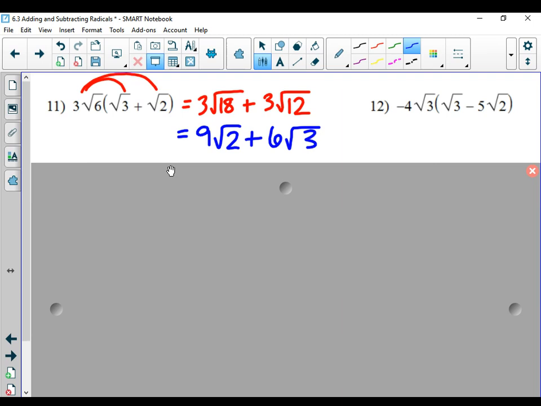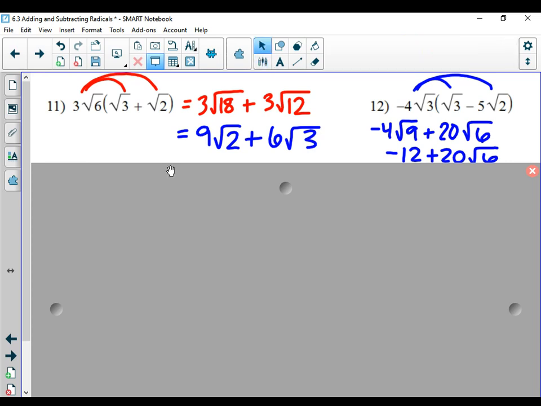Okay, if I multiply through, I get -4 times the square root of 9. I'll deal with that in a second. Then -4 times -5 gets me a positive 20 with the square root of 6. But I end up with square root of 9, which is 3, times -4 is -12, plus 20 square root of 6.